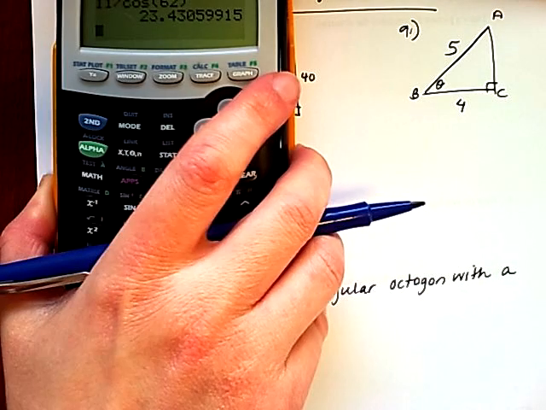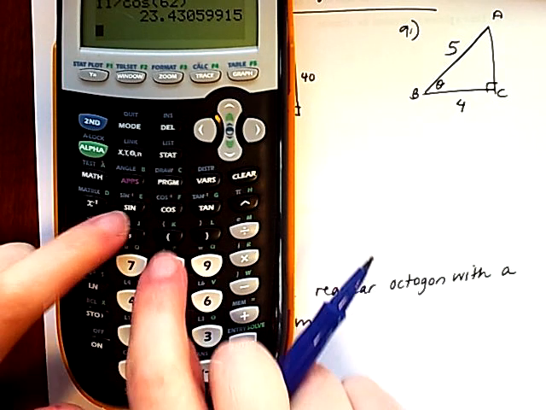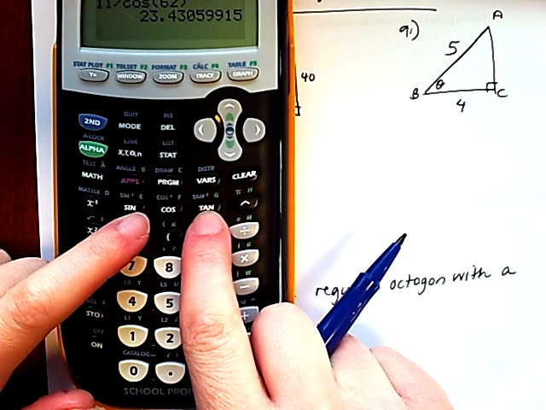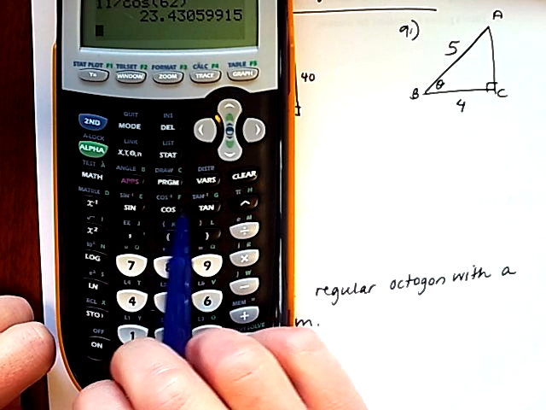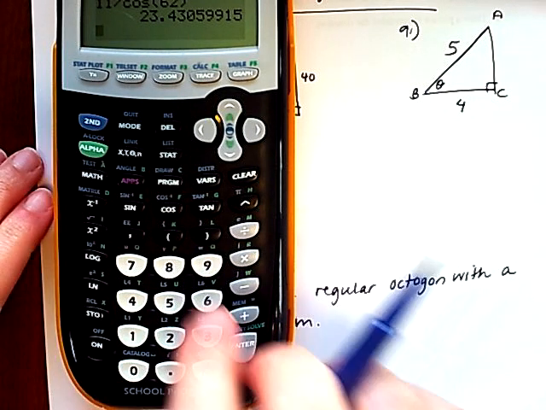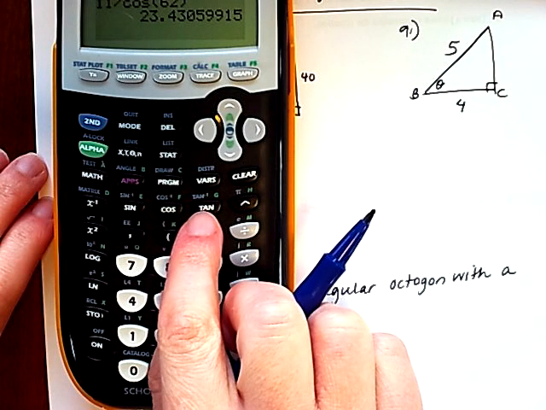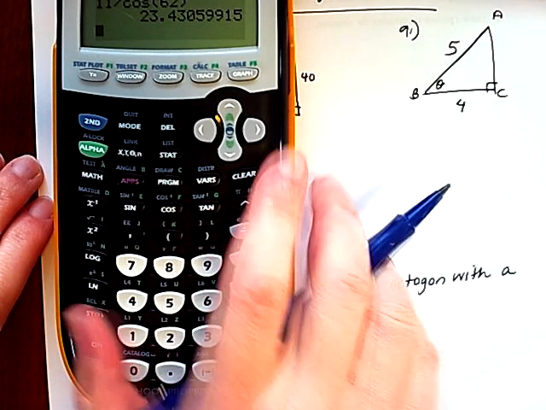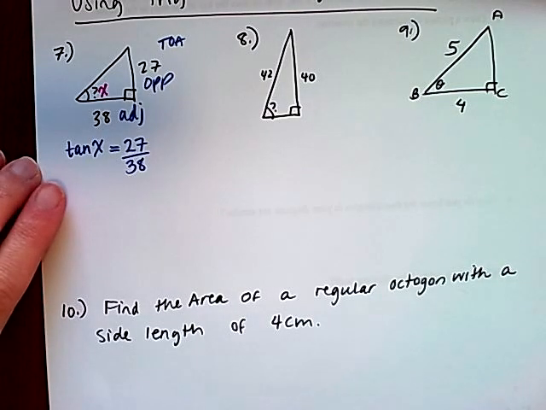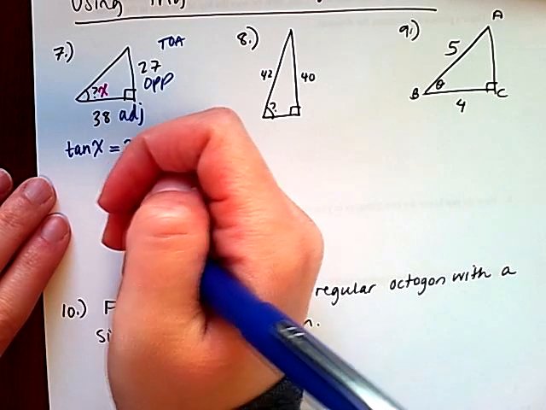If you look at the sine, cosine, and tangent buttons, up above them in blue, you'll see written sine to the -1, cosine to the -1, and tangent to the -1. And we say sine inverse, cosine inverse, tan inverse. Essentially, they're undoing what tangent or cosine or sine is doing.